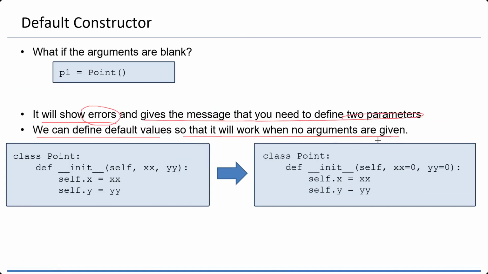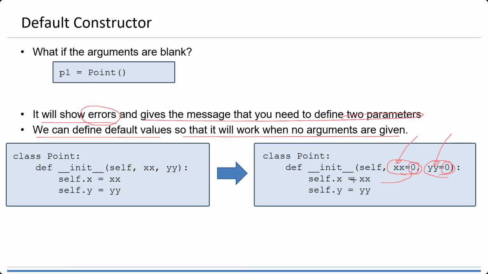When you learn in the functions, you can put 0. It means when you have no definition about this value, so let's put them as 0.